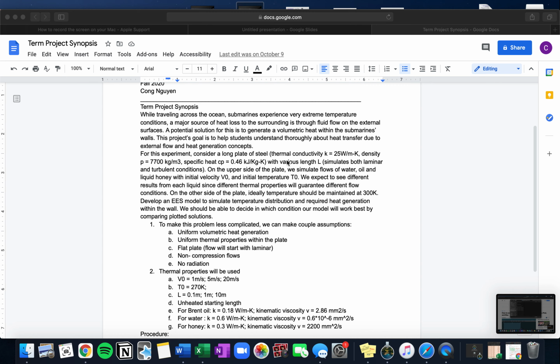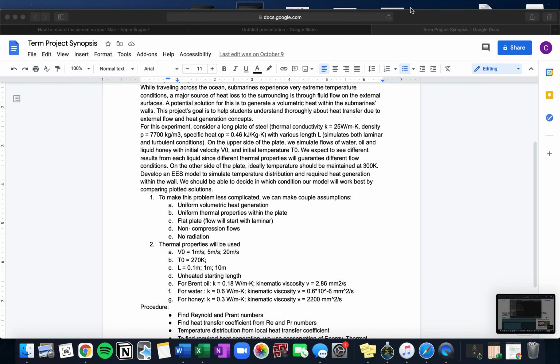The reason why I let the flow condition be variable is because we want to study the effect of laminar as well as turbulent flow, so we can have a very clear insight into external flow problems.